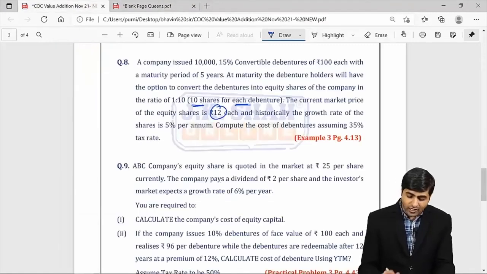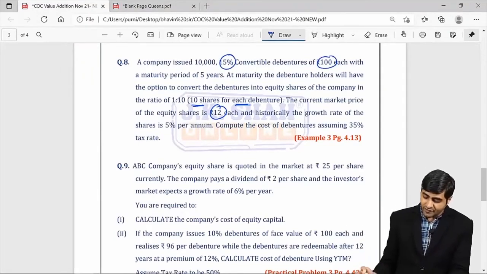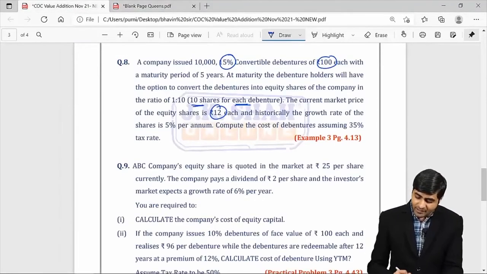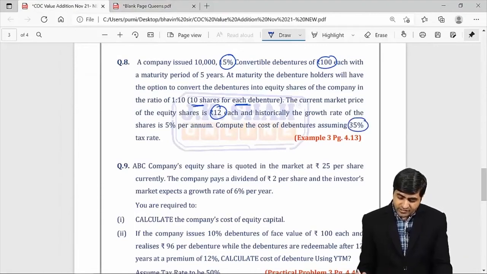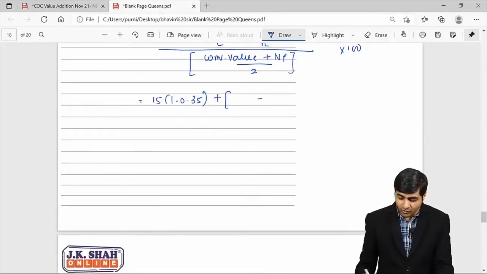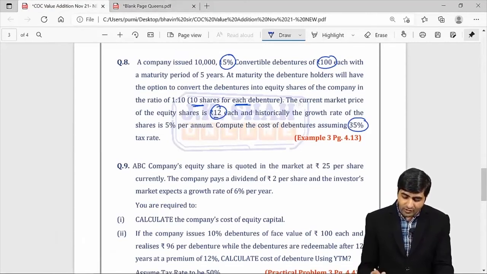So guys, to calculate the interest, you can just check that the face value is 100 and the rate of interest is 15%. So you will be having your interest as 15. Your tax rate is available as, just check, they have told you it's 35%. And guys, the conversion value, here now this plays a very important role. The market price of equity share as on today is how much? 12 rupees.